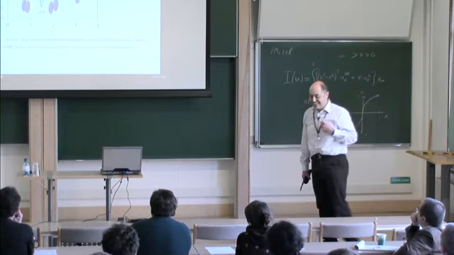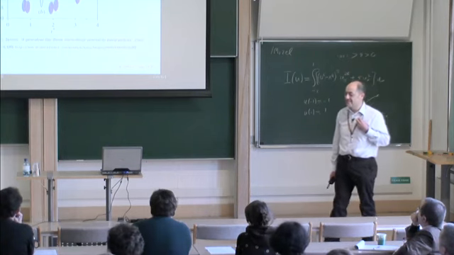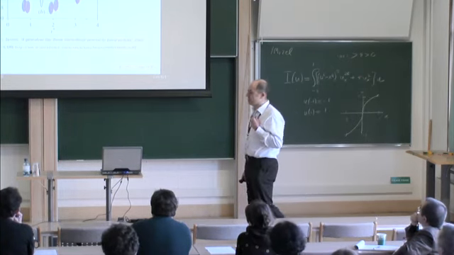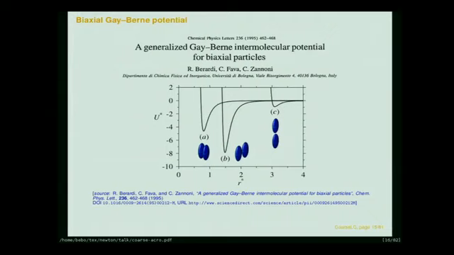So it has been so popular that a large number of people have started fiddling with it, changing and modifying it, and so on. And we also did something along these lines, and our small contribution was to generalize the potential from the description of the interaction between uniaxial particles to the case of biaxial particles, where the ellipsoids have three different axes.